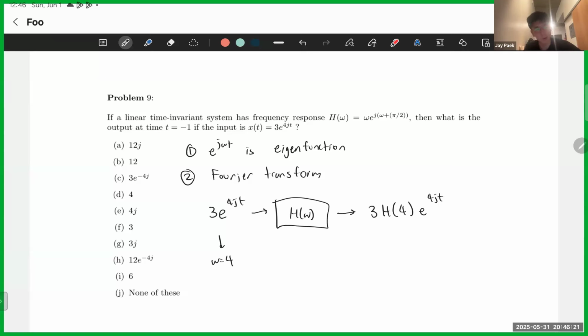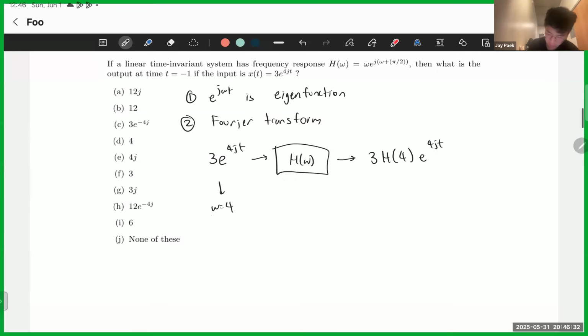The Fourier transform way follows the same exact way, where you convert this into a delta function, and the math is exactly the same. Because I don't want to do that math, I'll do it the eigenfunction way. And so what we obtain is that this is our output signal, and now all we want to do is obtain y of -1.